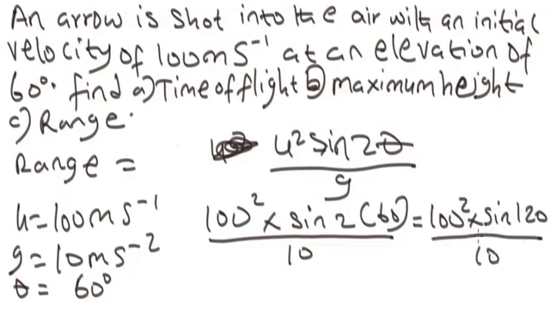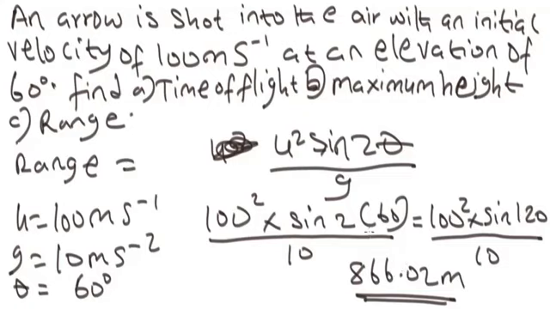Let me punch this into the calculator and get the answer. I have it to be 866.02. Range is horizontal distance, so the unit will be meter. Guys, this is how you can solve this particular problem.